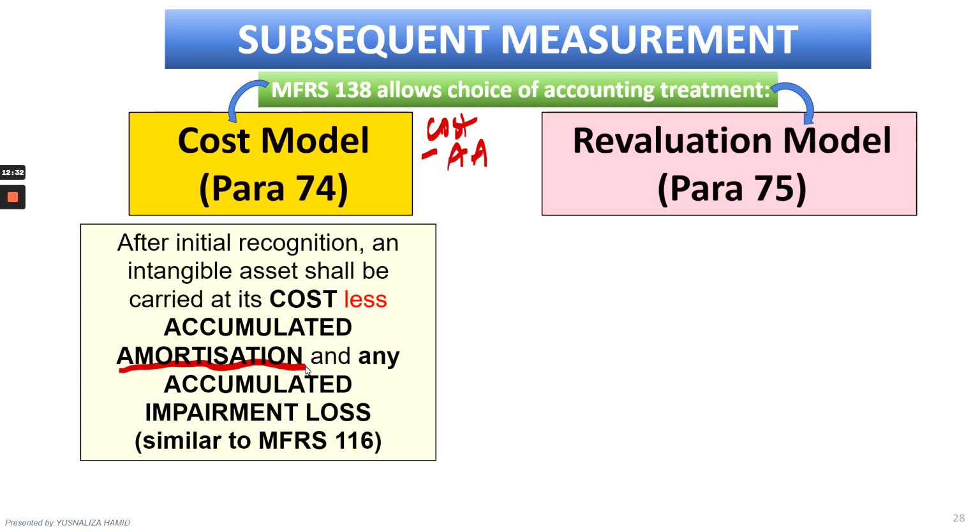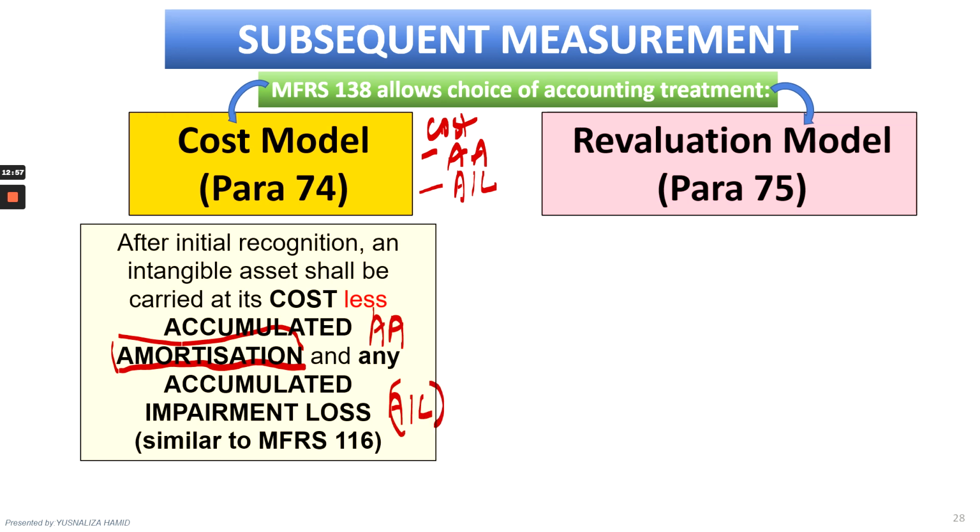For PPE, you use the term depreciation because that is for a tangible asset. But this one is for an intangible asset, so it uses the term amortization. So minus the accumulated amortization and minus the accumulated impairment loss.